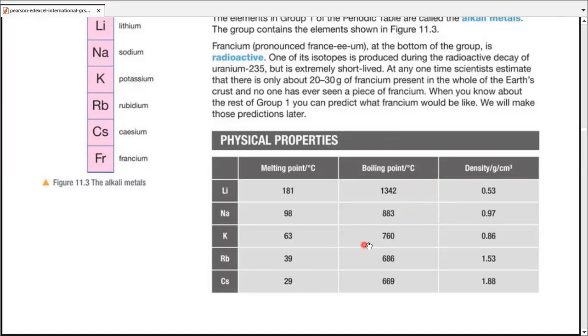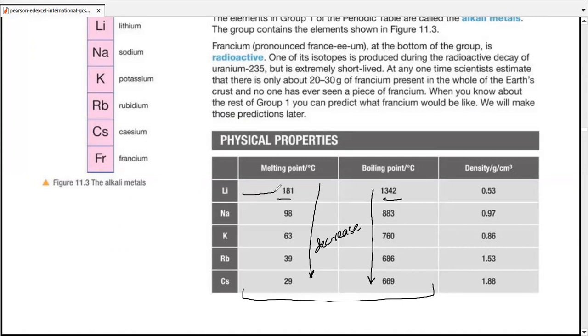In this case, what you would notice is that for melting and boiling points, unlike the whole periodic table, when you go down the group, they decrease. Both of them actually, melting point as well as boiling point. So you would see that the highest melting or boiling point is of lithium, and the lowest melting and boiling point is that of cesium.